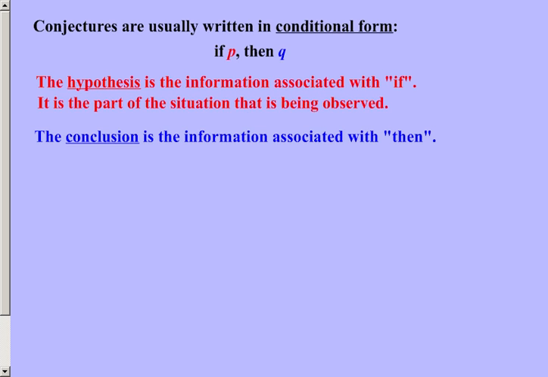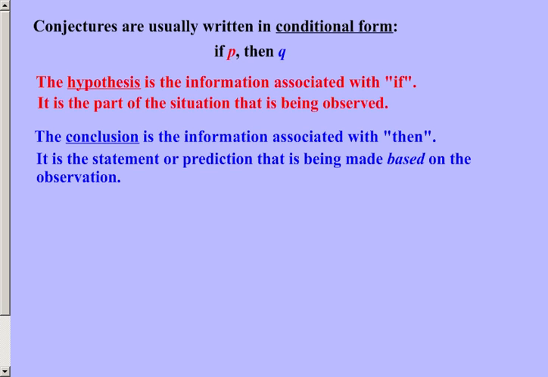The Q part of the conditional format is what we call the conclusion. Obviously it is the information that is associated with the then part of the conditional form. And the conclusion is the statement or prediction that is being made based upon the observation.